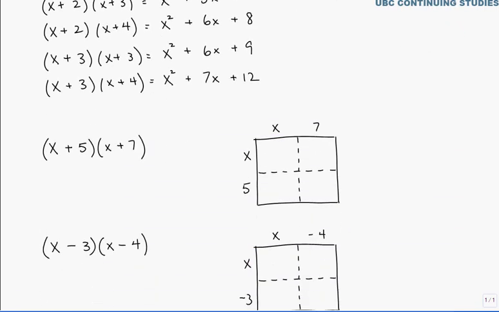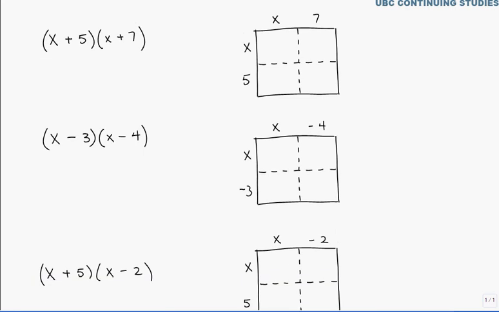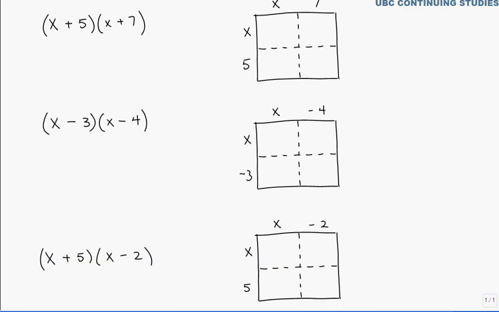Now let's just verify that it works for a couple of more complicated binomials, bigger numbers, and throwing in some negatives as well. So x plus 5 times x plus 7. So according to the pattern, this should be x squared. The sum of the two numbers is 12, so plus 12x, and the product of the two numbers is 35, so plus 35.